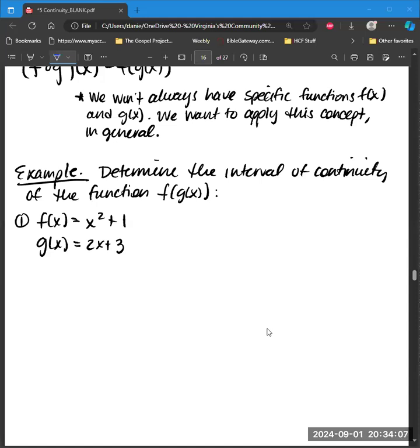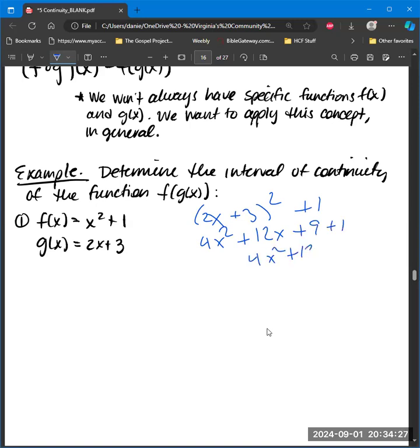So let's go ahead and find the composition right now, which is going to be 2x plus 3, quantity squared, plus 1, which is 4x squared plus 12x plus 9 plus 1, which is 4x squared plus 12x plus 10.